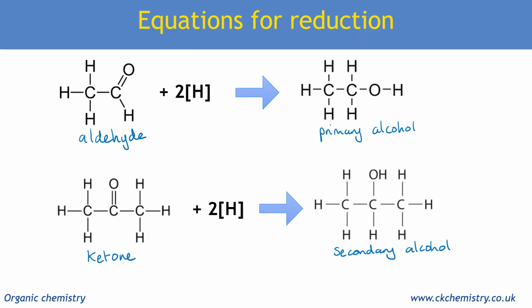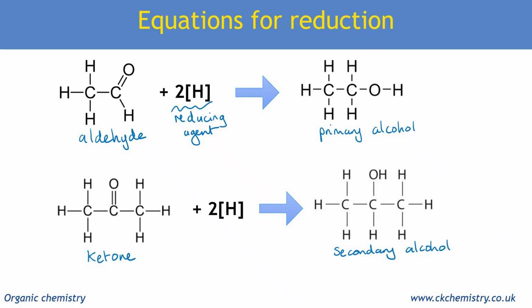So we use H in brackets. So it's not H2. If I wrote H2, the equation would be balanced, but hydrogen gas, H2, isn't the reagent. It's LiAlH4 or NaBH4. So this just represents the reducing agent, and we have the 2 in front because I need 2 hydrogens.